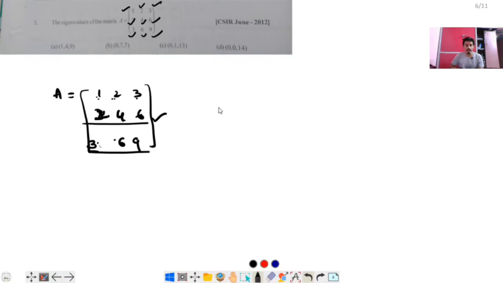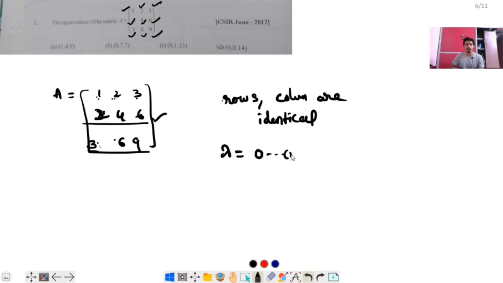Here the rows and columns are identical. Now you already know the trick: zeros up to n minus 1, comma, trace.